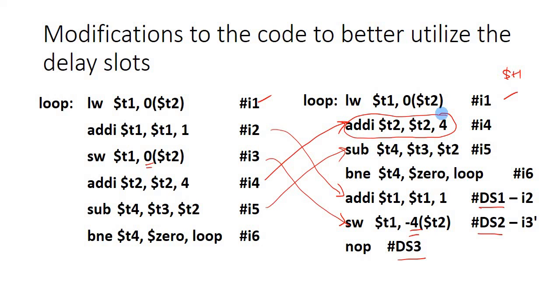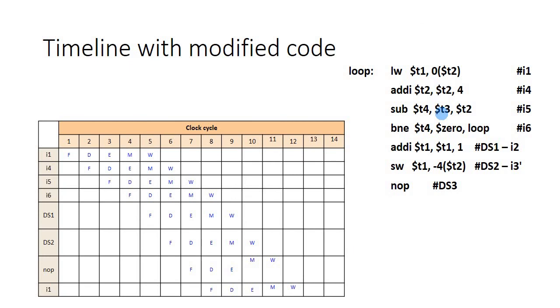With this, if I look at the timing analysis, I'll get something like this. Right now the first instruction is loading to T1, but the second instruction has no dependency, and the third instruction also has no dependency on T1. There is actually no need for me to have any form of forwarding from I1 to I4.